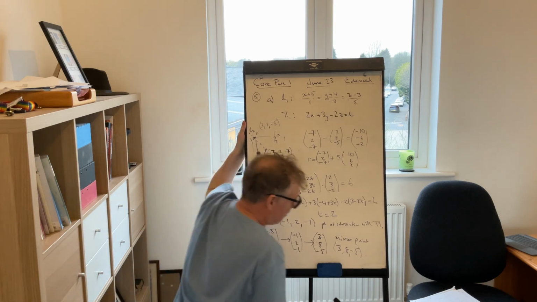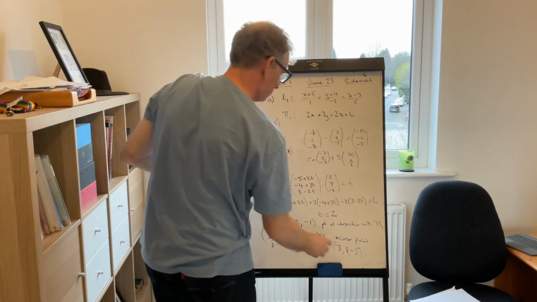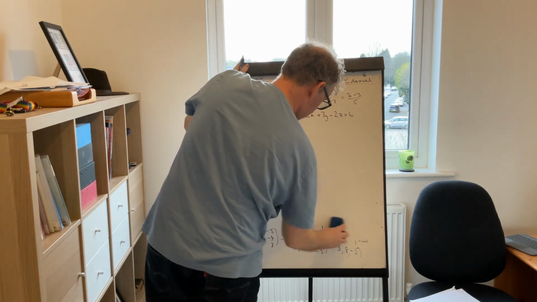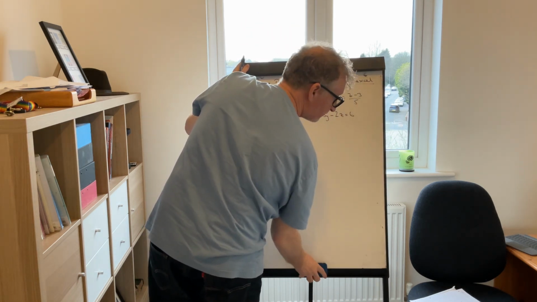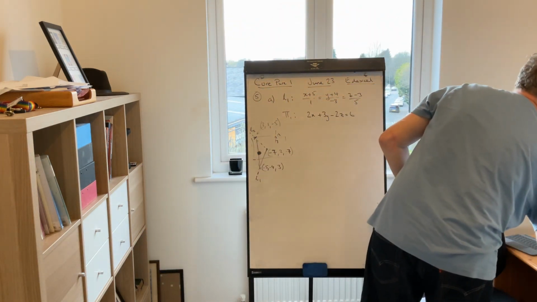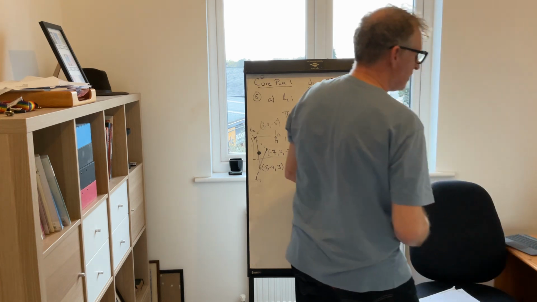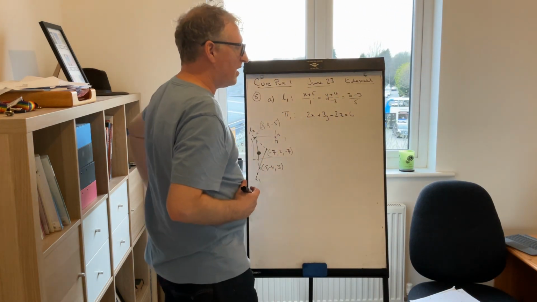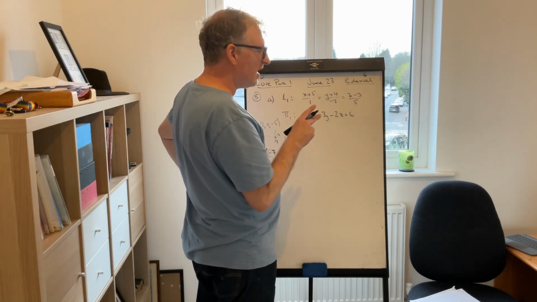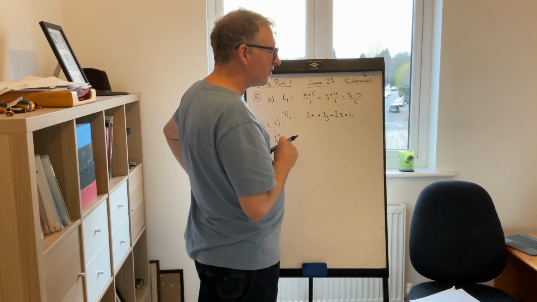Okay, next bit. Let me give myself some space. So part C, I'll just pull all this down so I can see it a bit better. The plane pi 2 contains the line L1 and the line L2.